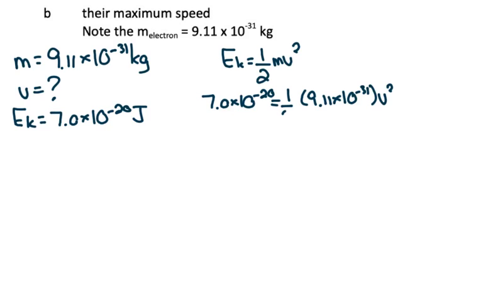That should be equals. We can multiply the 1/2 times 9.11 times 10 to the minus 31. We get 4.555 times 10 to the minus 31 v squared.